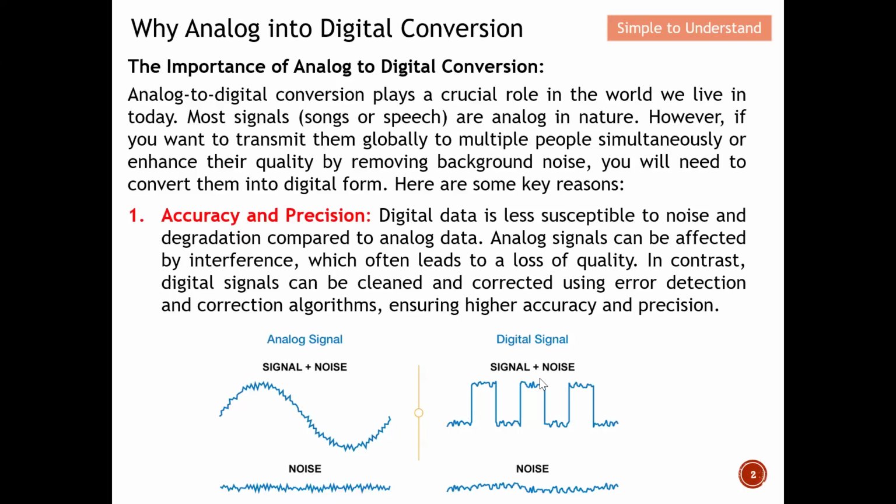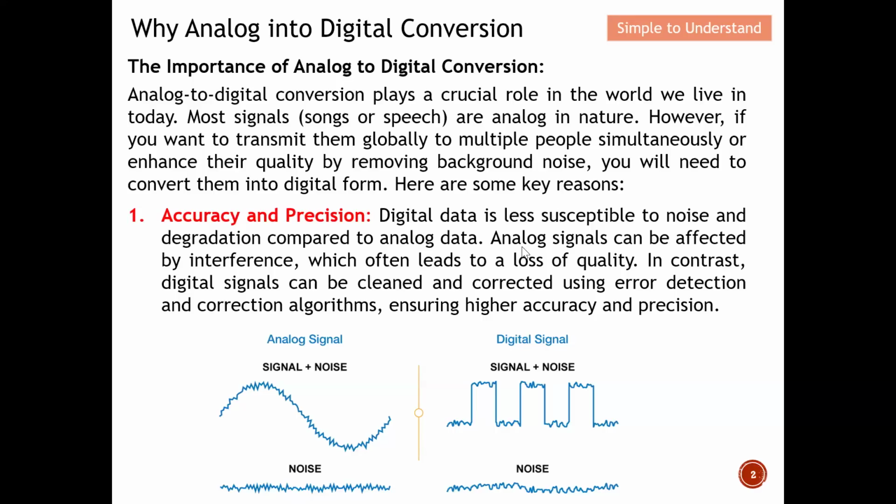Again, from here, you can see that this is a digital signal, and noise is also added to the digital signal. However, for a digital signal, we will recognize this as 0, 1, 0, 1, 0, 1. Even with noise added onto the original signal, I am still able to identify this as a signal 1 and this as a signal 0. Hence, noise doesn't play any critical role in terms of the digital signal.